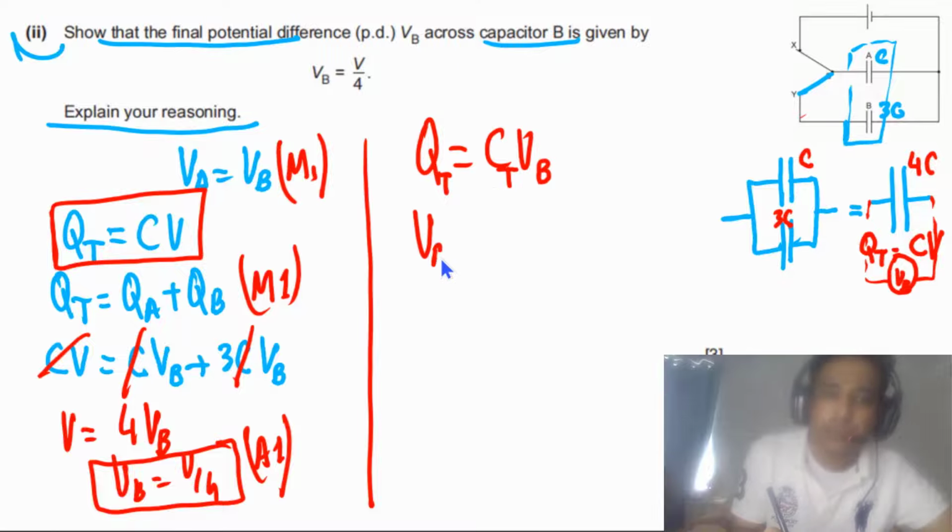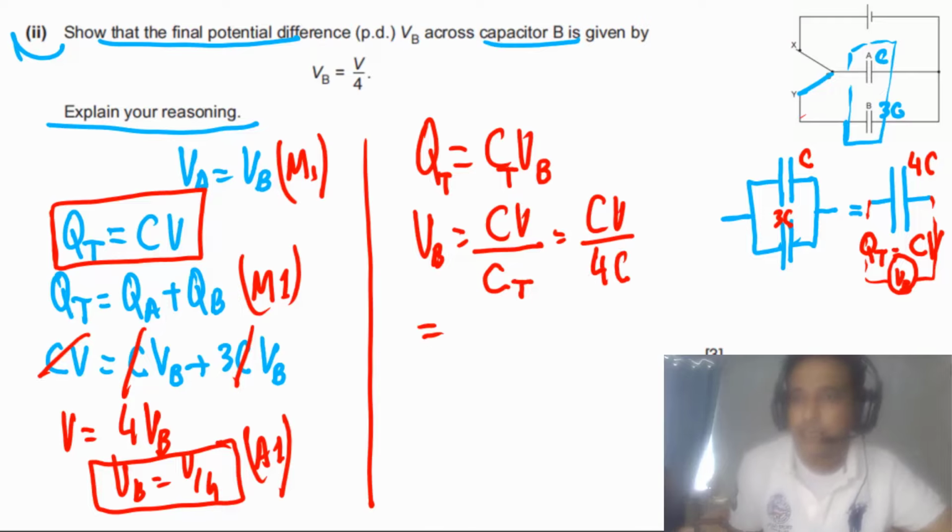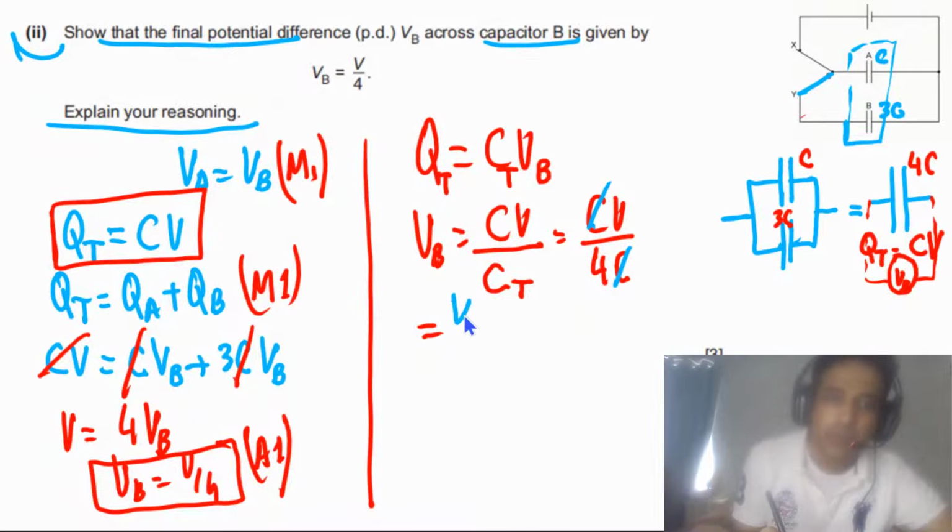So VB is equal to Q total divided by C total. Q total is CV, and C total is 4C. Now we can cancel this C with this C. So we get V by 4. So this is another way to answer this question.